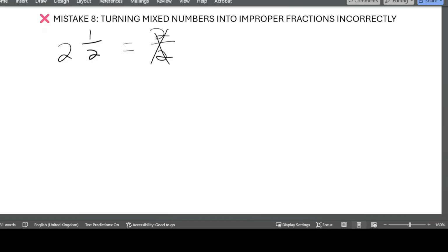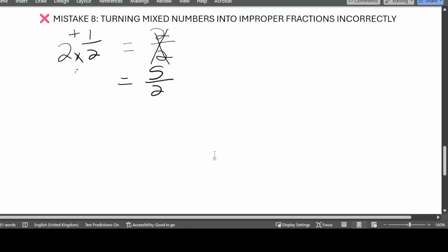To change a mixed number into an improper fraction, we multiply the whole by the denominator, and then we add the numerator. So 2 and 1/2 becomes 2 times 2 is 4, plus 1 becomes 5 over 2. So whenever you want an improper fraction, you always multiply the whole with the denominator and then add the numerator.